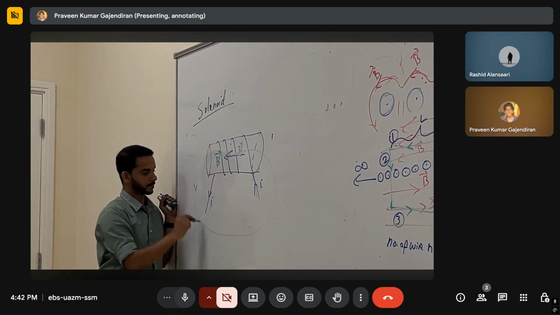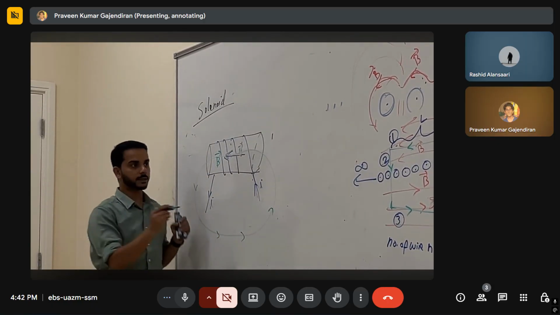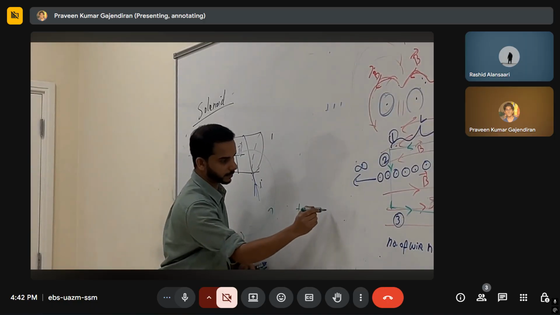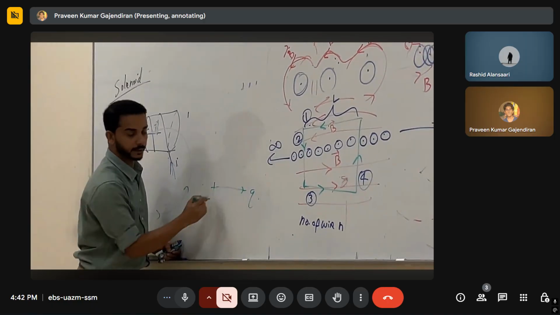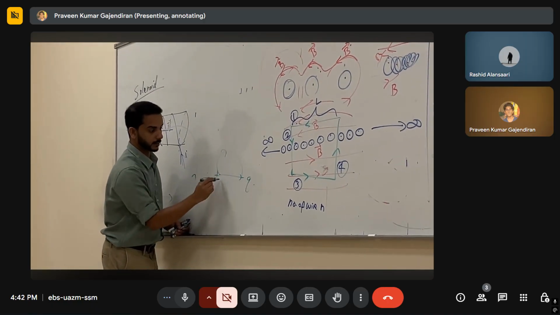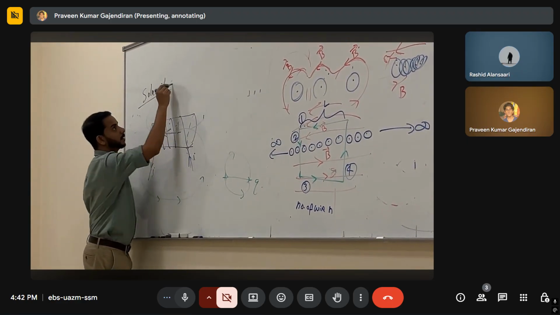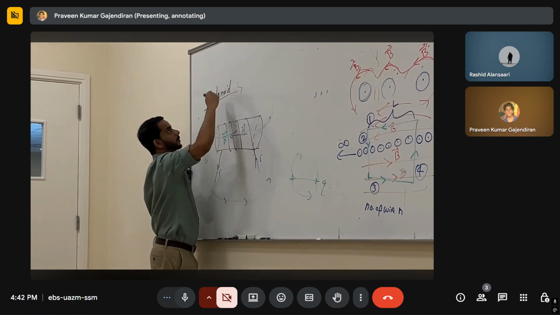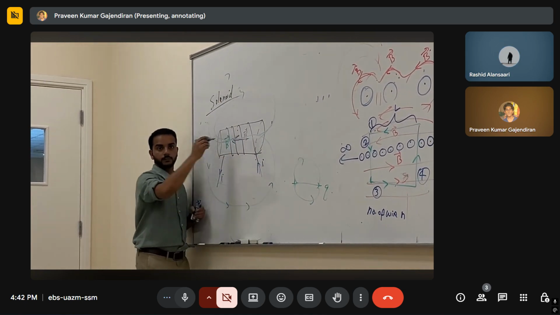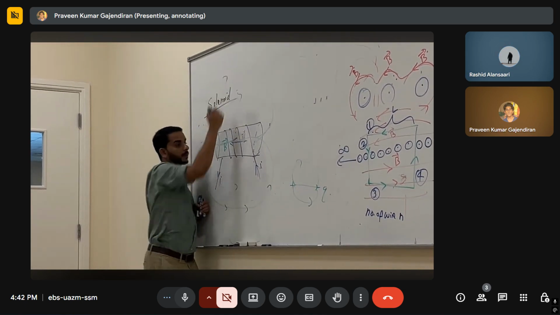They just loop around. But the electric field just starts from this and ends here, right? It never goes back. So this will depend upon your distance from this one, and it will loop around. Okay, so the field outside is going this way, and inside is this.